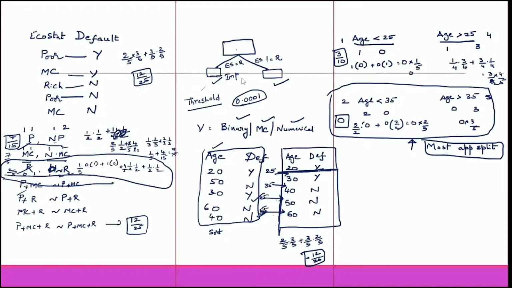There is one observation with age less than 25 and there are 4 observations with age greater than 25. In the age less than 25, there is only 1 yes and 0 no's, whereas in the age greater than 25, there is 1 yes and 3 no's.